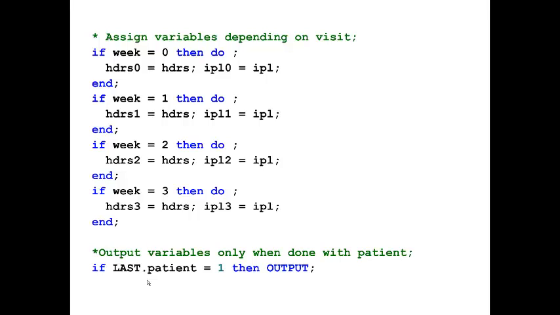If we're not processing the last patient, the program goes back to the top of the data step and processes the next observation from that particular patient. So again, this is the code that we're going to see in the SAS demonstration video. So if we combine all this code together, this is going to allow us to output a single observation per patient that includes all the data on one row.